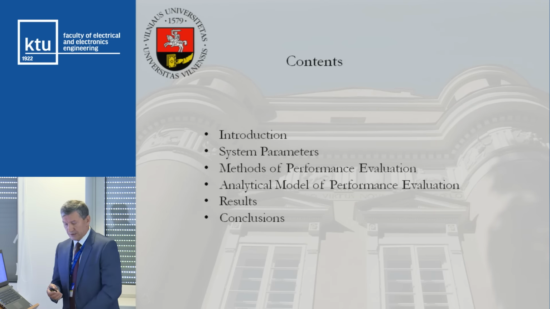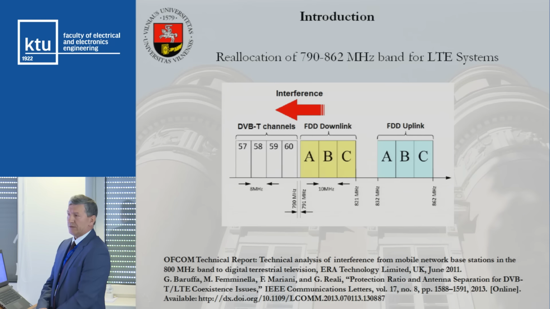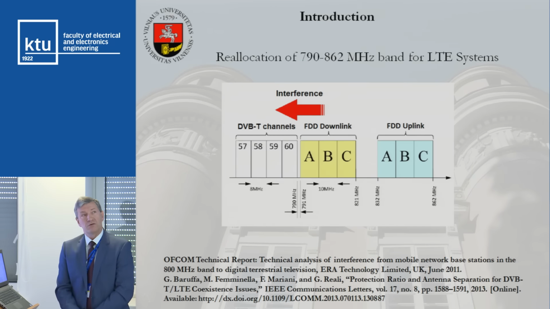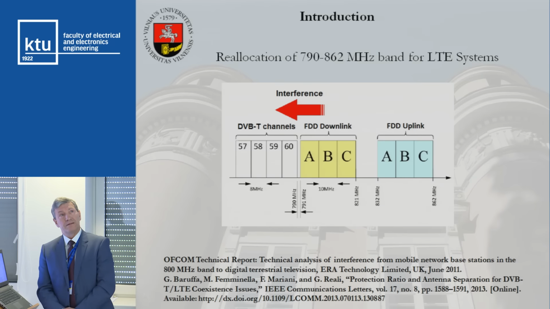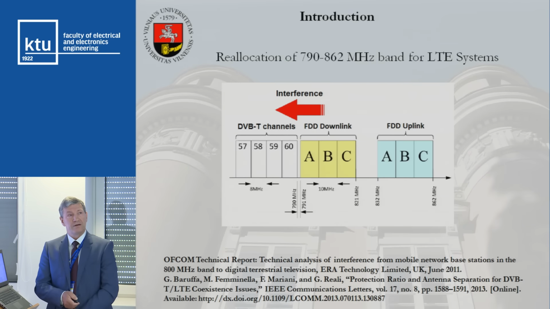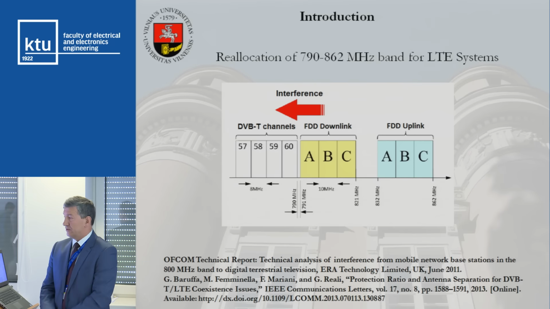This work was mainly triggered by the ITU decision to repurpose digital dividend 1 for telecommunications in Europe. Following this decision, the Communications Regulatory Authority of Lithuania divided the band into six duplex bands for uplink and downlink communications.